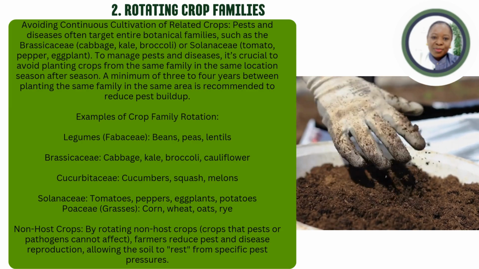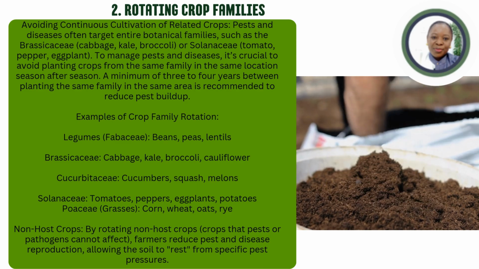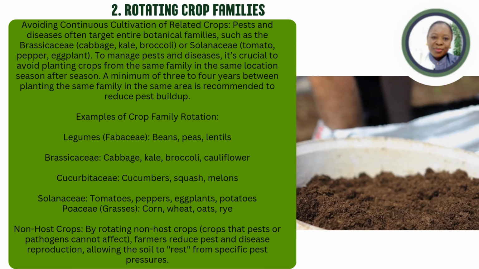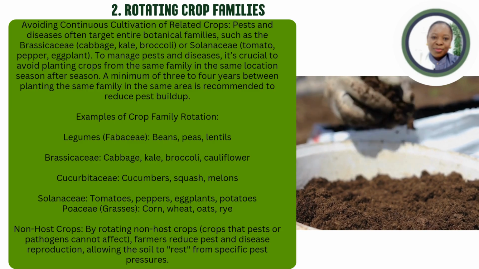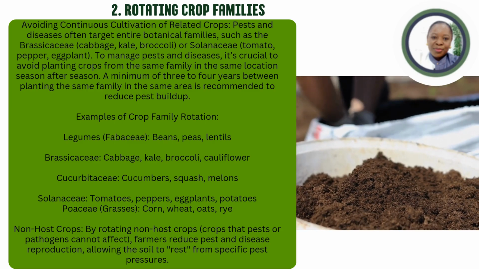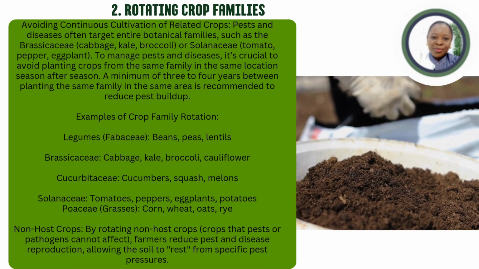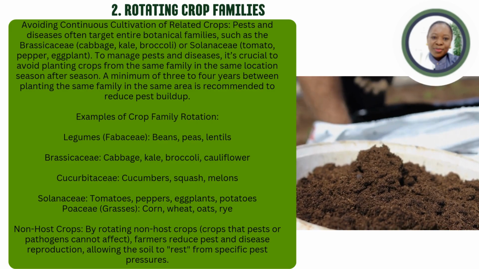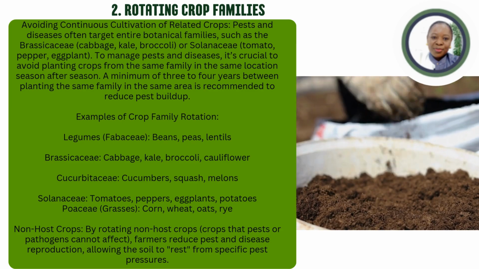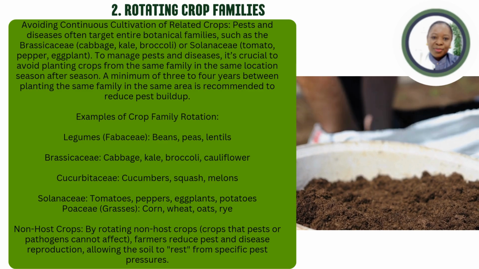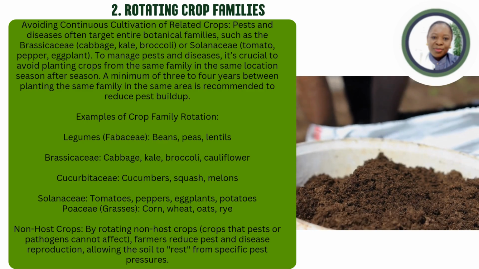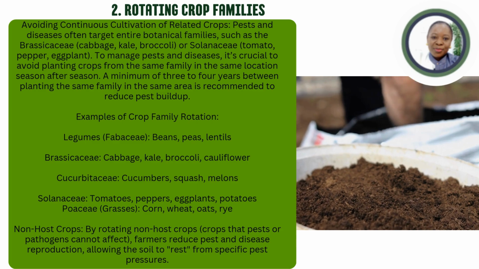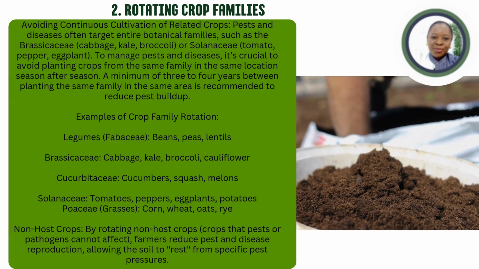Pests and diseases often target entire botanical families such as the Brassicaceae, like cabbage, kale, and broccoli, or Solanaceae, tomato, peppers, eggplants. To manage pests and diseases, it's crucial to avoid planting crops from the same family in the same location season after season. A minimum of 3 to 4 years between planting the same family in the same area is recommended to reduce pest buildup.